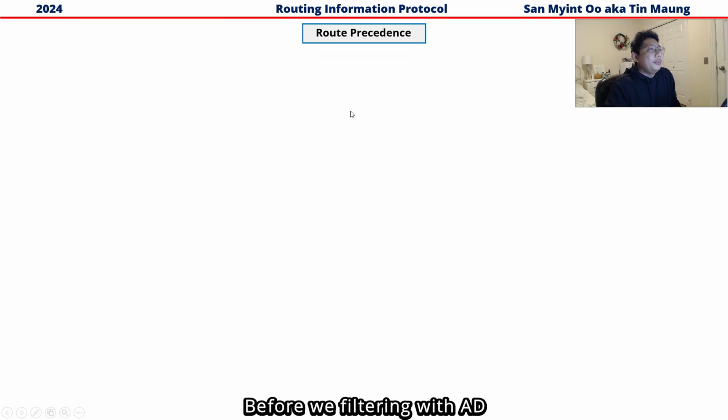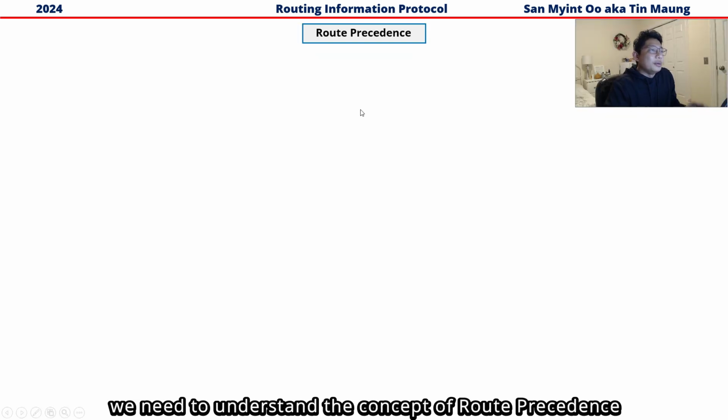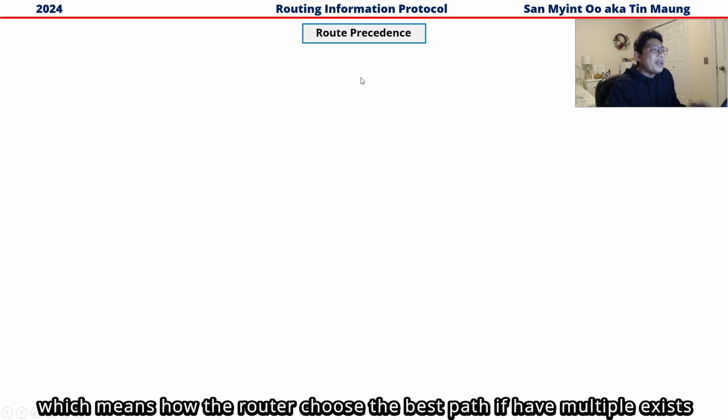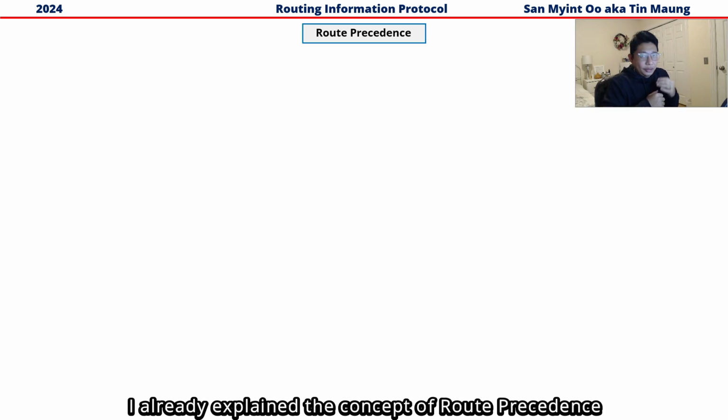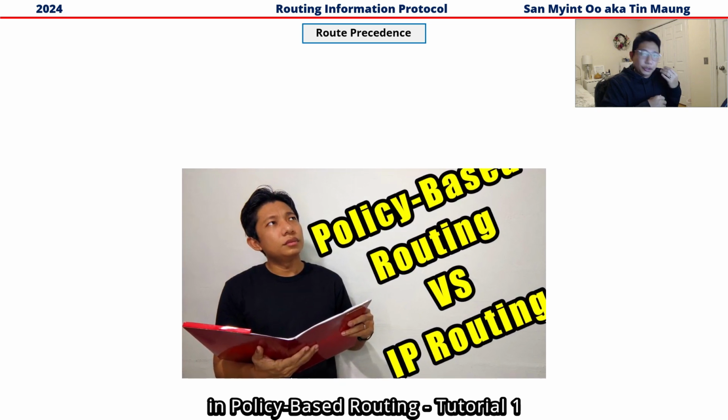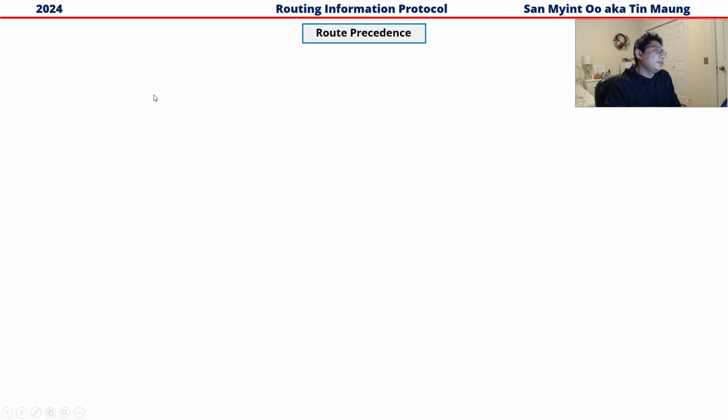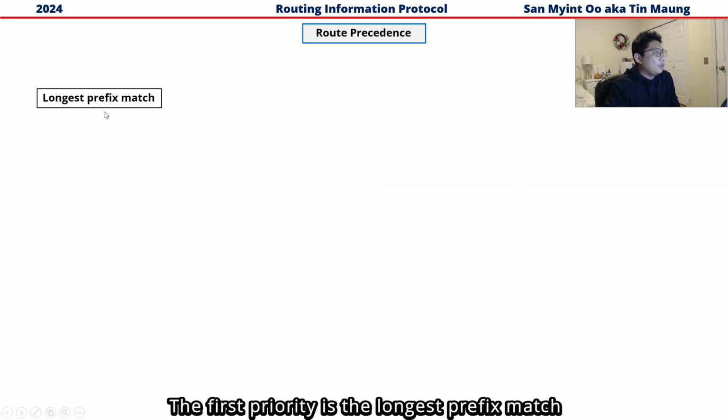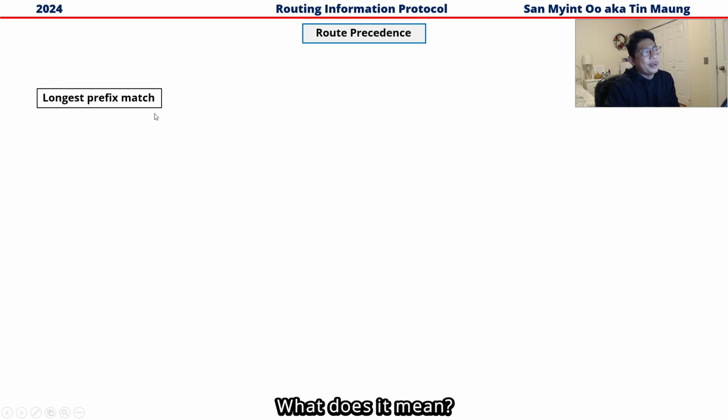Before we filter with AD, we need to understand the concept of route precedence, which means how the router chooses the best path if it has multiple paths. I already explained the concept of route precedence in policy routing tutorial 1. The first priority is the longest prefix match. What does this mean?